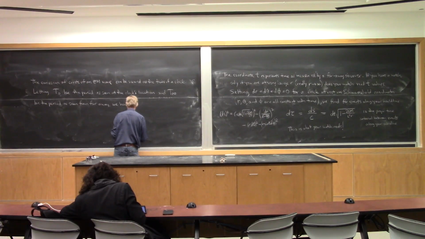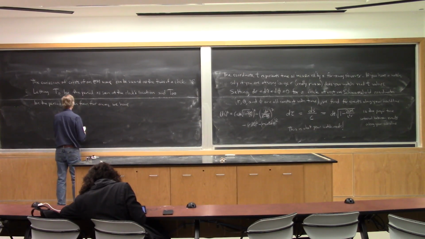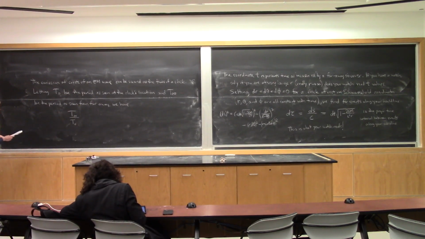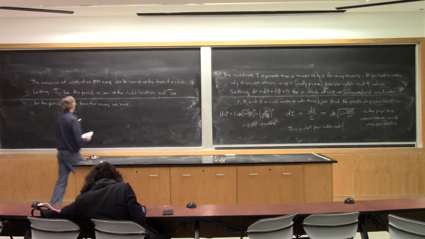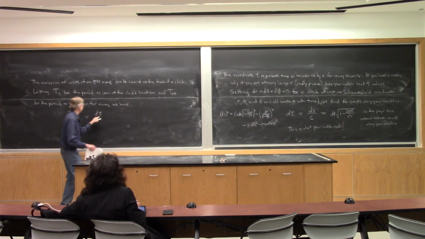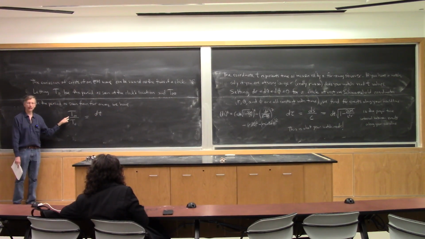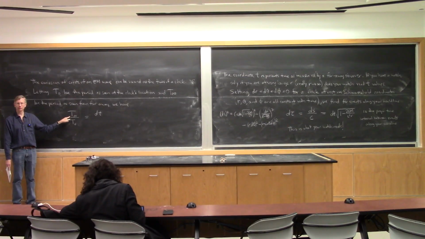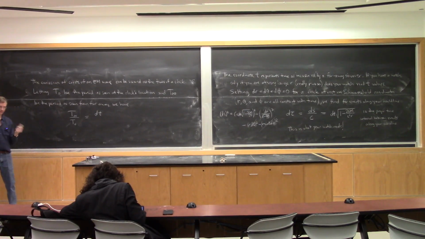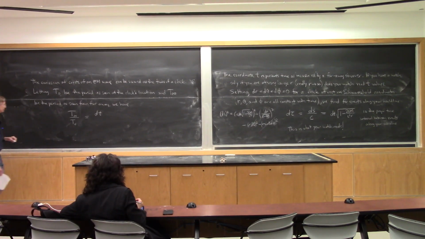We have that T infinity divided by T naught will be the coordinate faraway time interval, dt, that you're measuring from far away, because if you're far away, your clock measures t itself, faraway time.